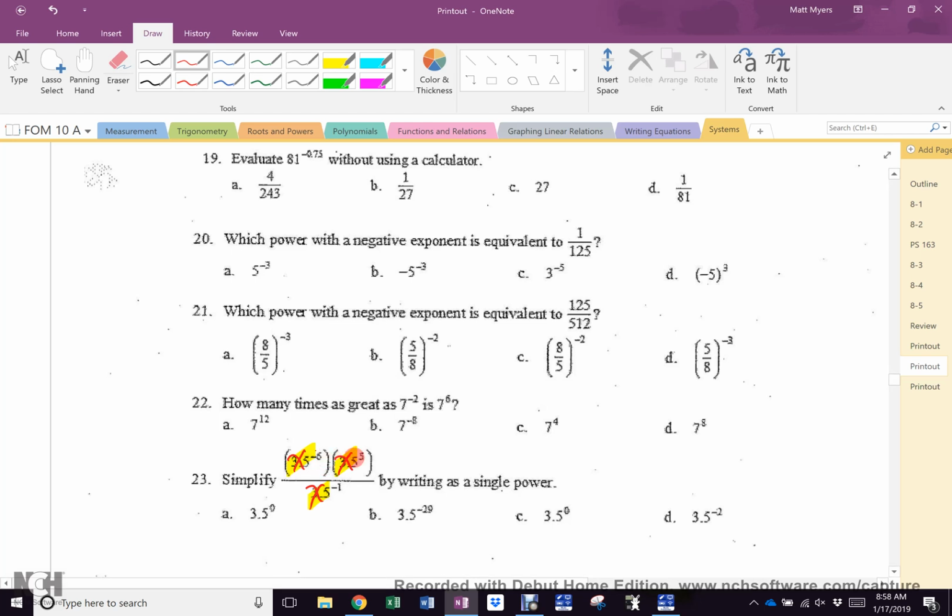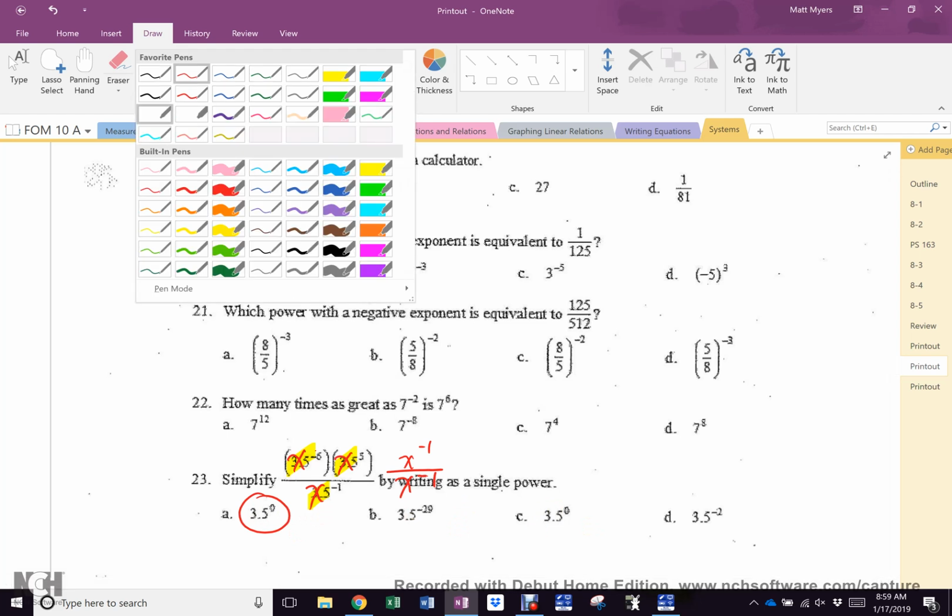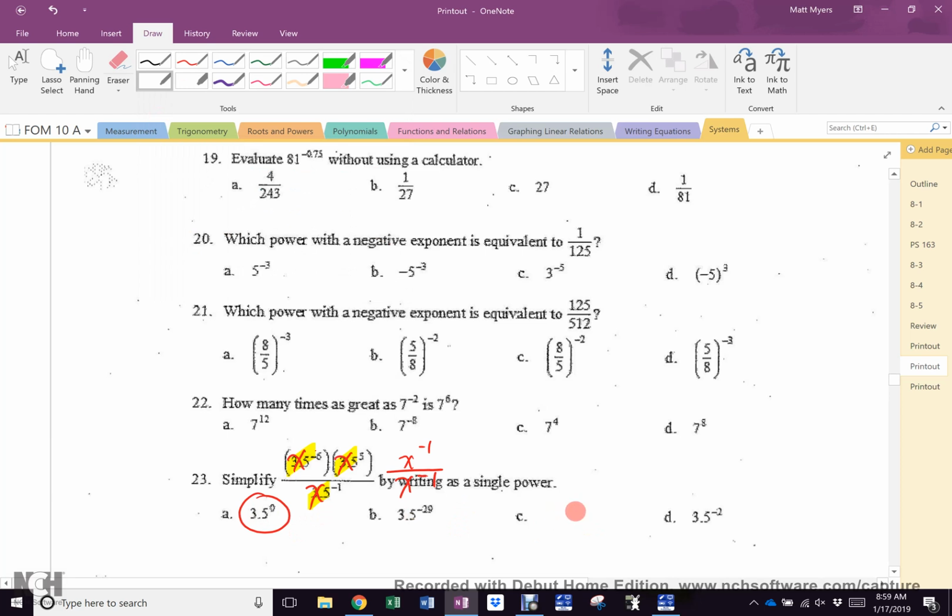Adam, what's negative 6 plus 5? Negative 1 over x to the negative 1. What do I do there? Subtract them. What's negative 1 minus 1? 0. Done. I don't know why it's there twice. Seems odd. What I would have done if I had actually written this question is I would have made C 1. Then what's the best answer?